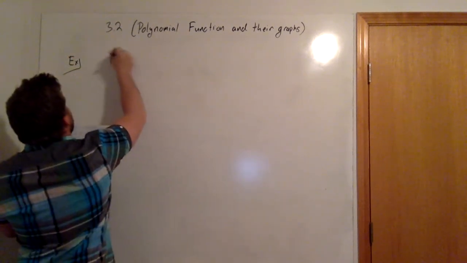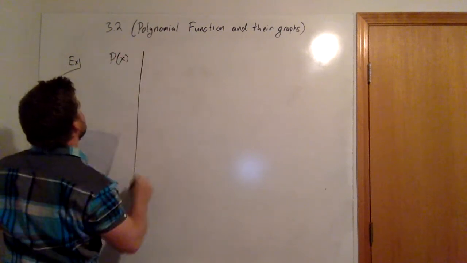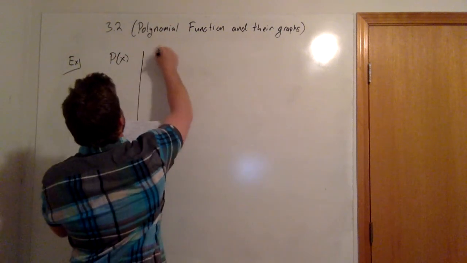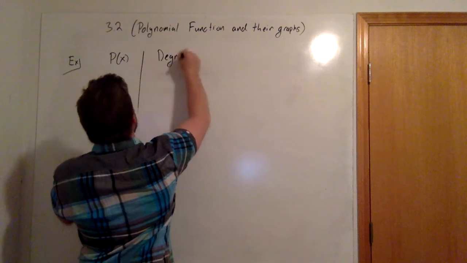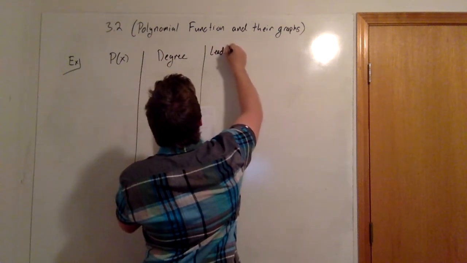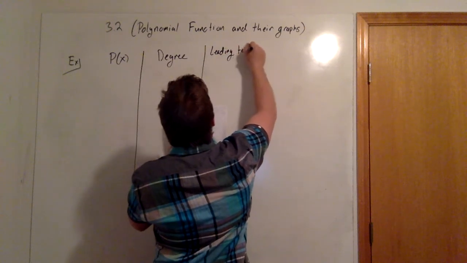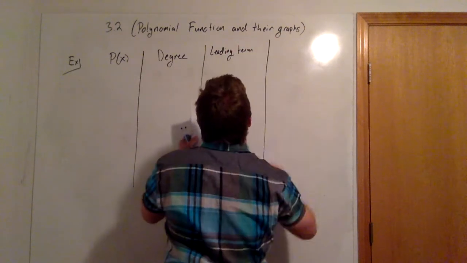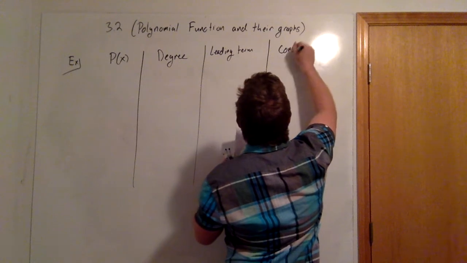Let's have a polynomial p of x. We're going to ask ourselves, what is the degree? What is the leading term? And what is the constant term?